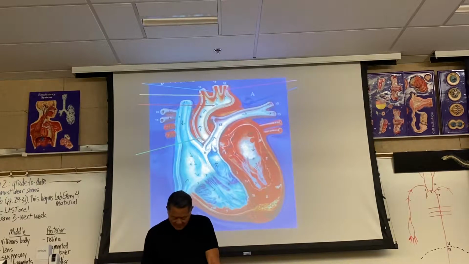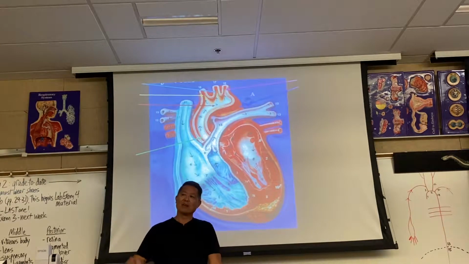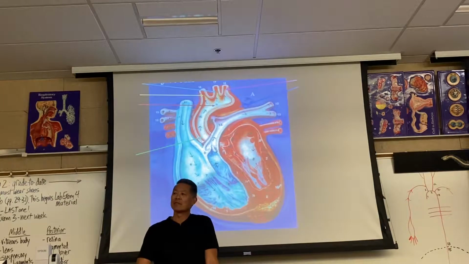You wrote on the top of page 30 that these are all systemic vessels, right? Arteries are red, veins are blue. You must write on Lab Exam 4 right or left, only when appropriate, and artery and vein, only when appropriate.